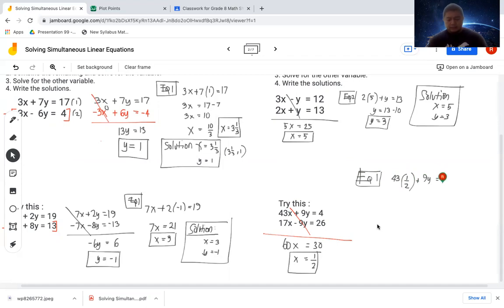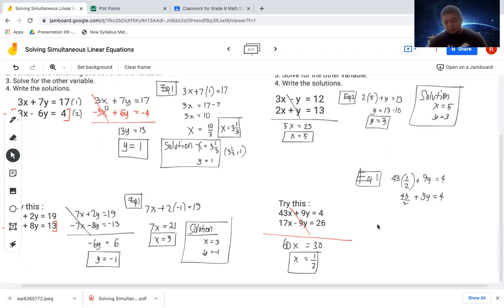All right. So if you calculate this, this is going to give you 43 over 2 plus 9y is equivalent to 4. Now, as much as possible, I don't want to calculate anything that has something to do with fractions, because eventually it might not give me a good result.